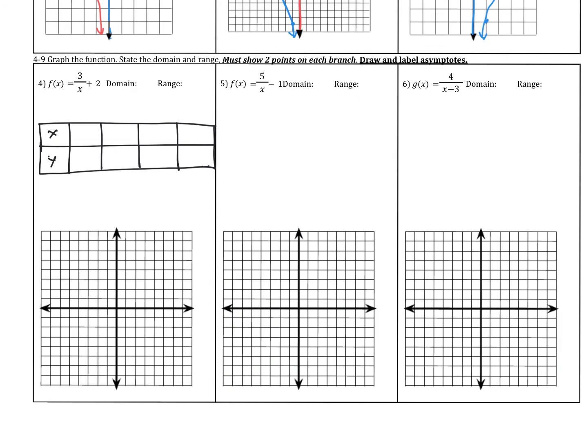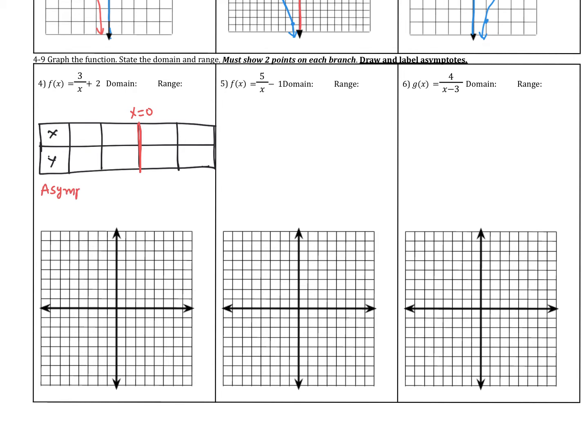For question number 4, you're gonna make sure that you do not take x value that makes the denominator 0. In this case, what makes the denominator 0 is x equals 0. So you should not take x equals 0 in your x value. That is also called your asymptote.